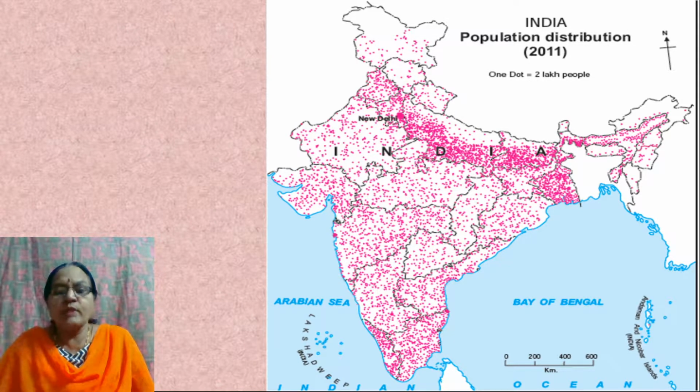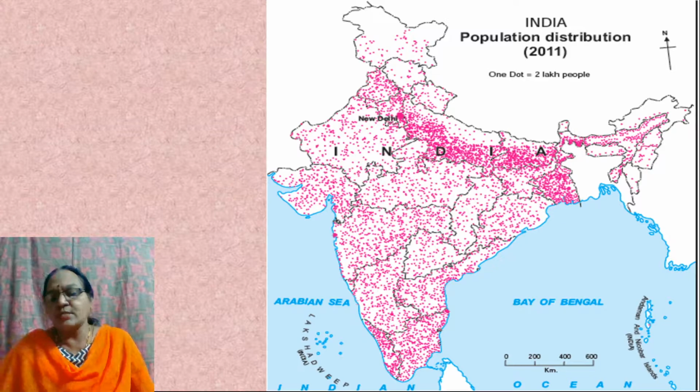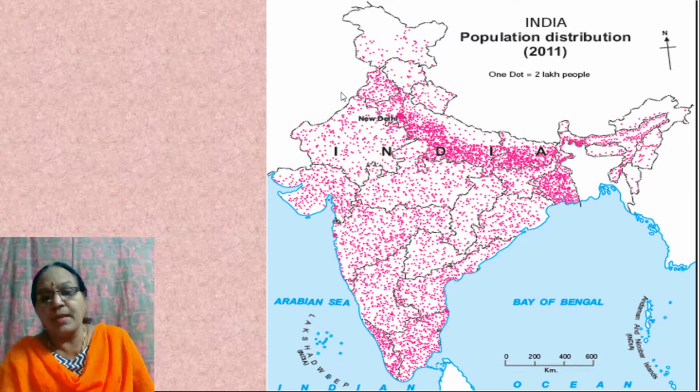If you would have noticed, the population is dense along the North Indian plain, that is UP, Bihar, then we have Bengal. Then we find it's rather sparse in the northernmost part, that is Jammu.